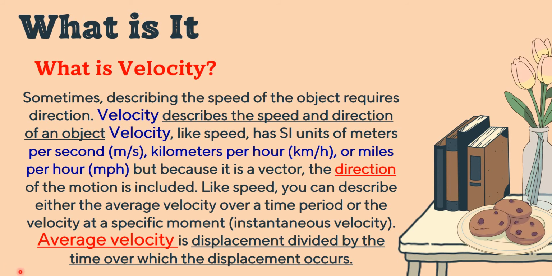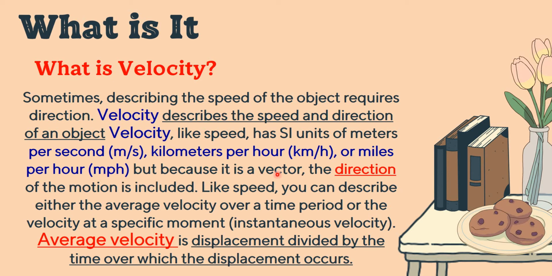What is velocity? Sometimes describing the speed of an object requires direction. Velocity describes the speed and direction of an object. Velocity, like speed, has SI units of meters per second, m/s, kilometers per hour, km/h, or miles per hour, mph.